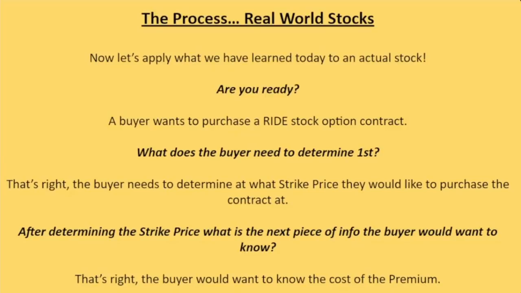So those are the two things a buyer is going to want to know right off the bat when they go in to purchase a call option. And in this scenario, we're going to be looking at buying a RIDE call option. All right.